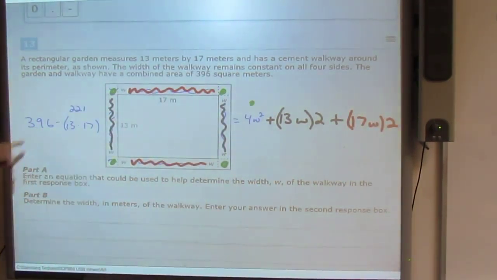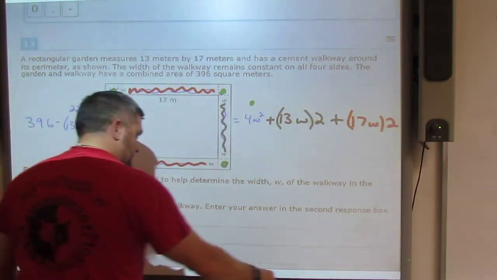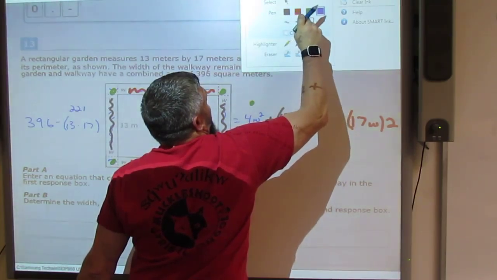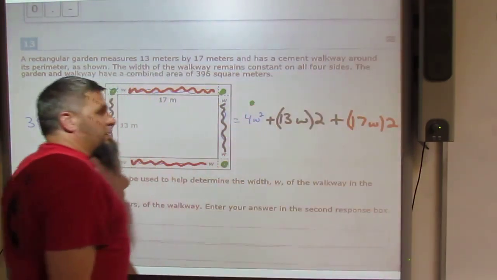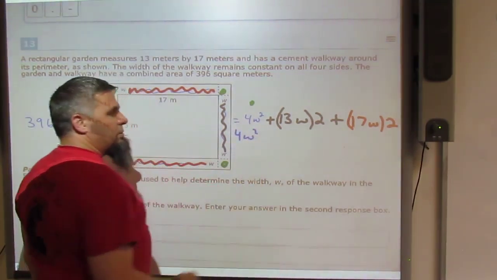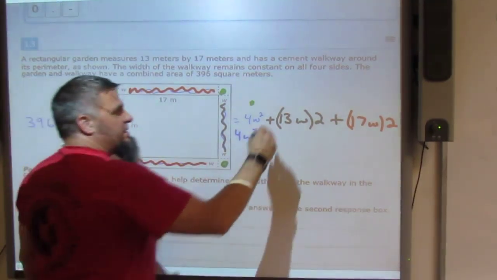That should equal all of this. So now we can combine some things. We've got 4W squared plus 26W.